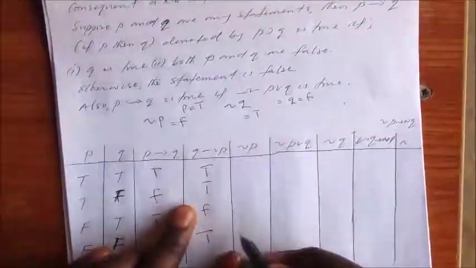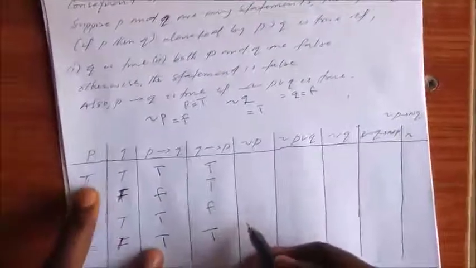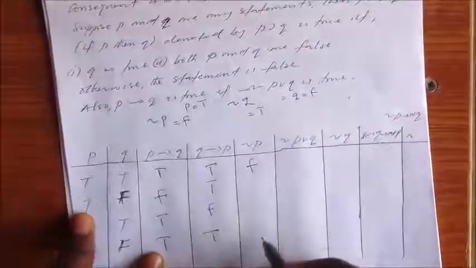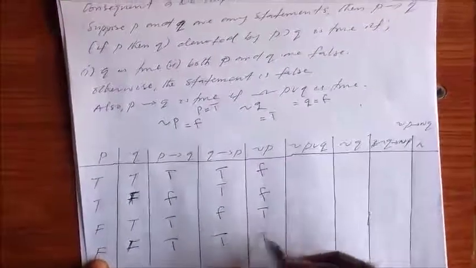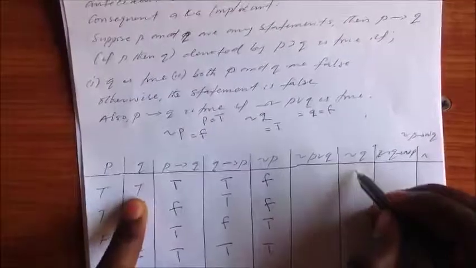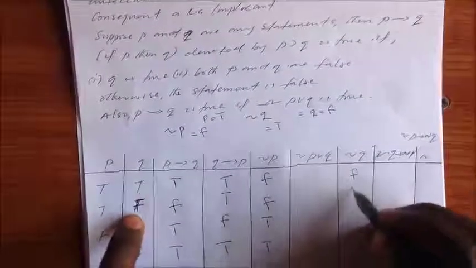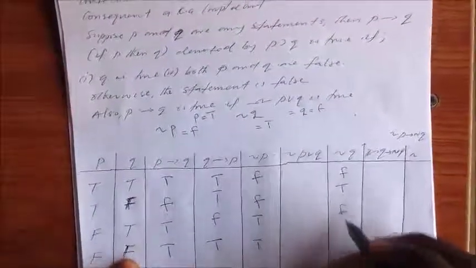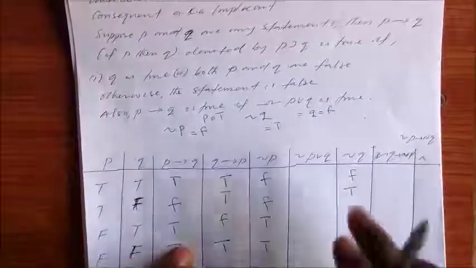Now, as I said, the negation of P. What's the negation of P? Where it is true, it becomes false: false, false, true, true. That's the negation. Here we also have the negation of Q: false, true, true, false. We are taking the negation of each.